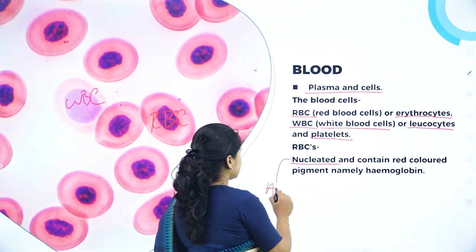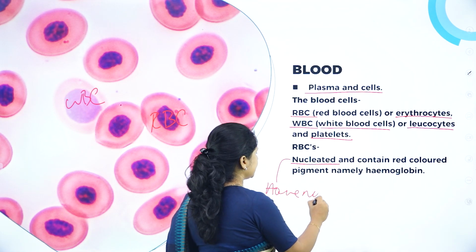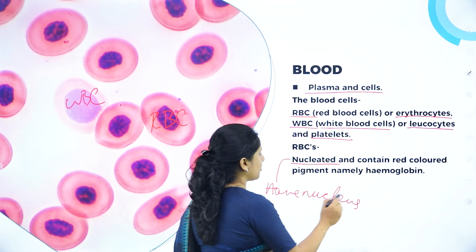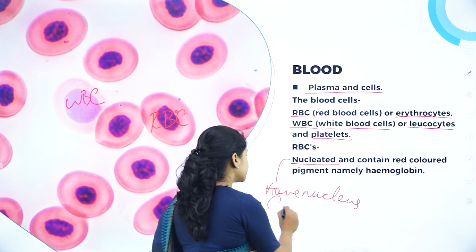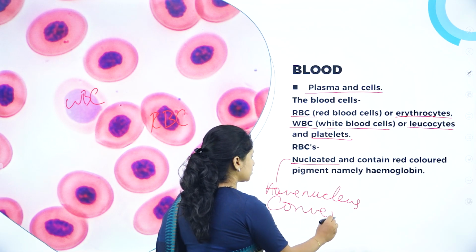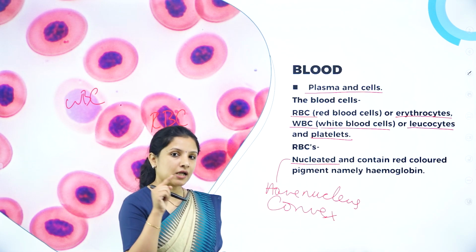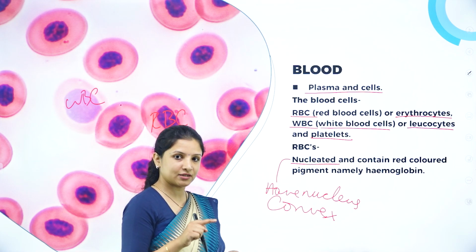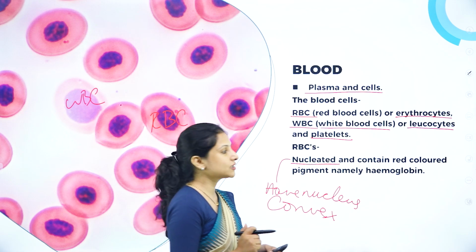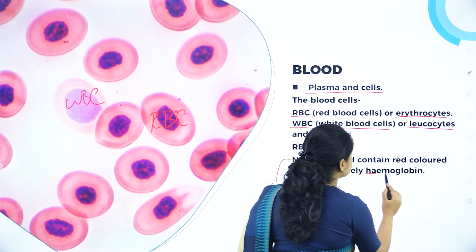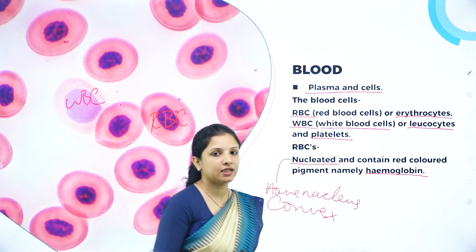So RBCs have a nucleus. And what is the shape of the RBC? The RBC is convex in shape. This is also important, you need to remember it is convex in shape. It is nucleated, and it is red in color because it contains a pigment called hemoglobin.